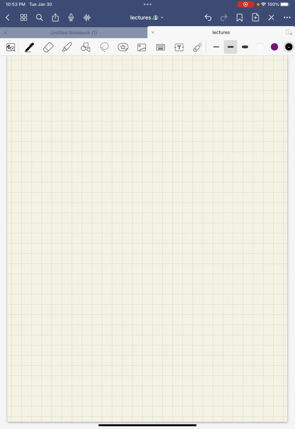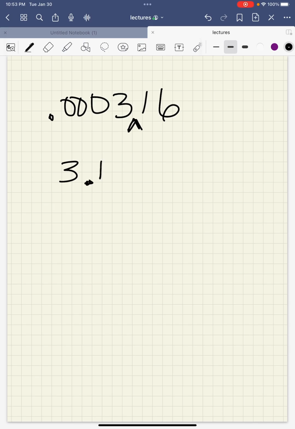So go ahead and turn to page 303. We actually did this last year in pre-algebra, but just as a refresher, it says to write this number in scientific notation. So remember, in scientific notation, the decimal has to be after the first significant digit. So we're going to write it as 3.16. And we can't just move the decimal over and not change anything else.